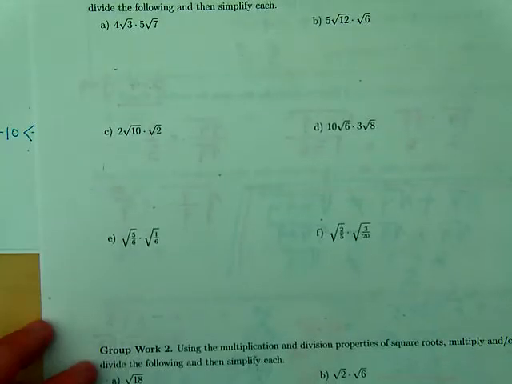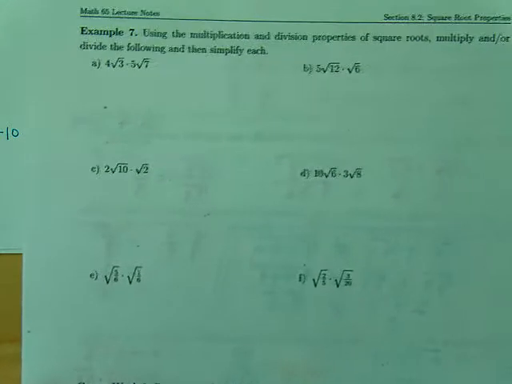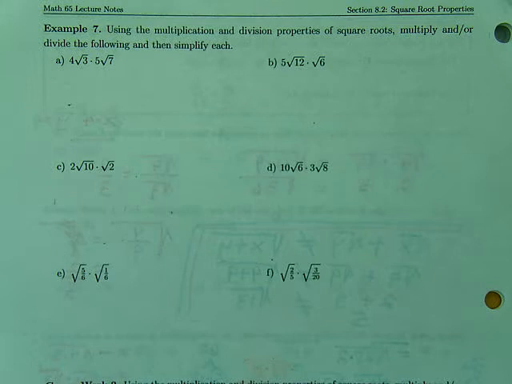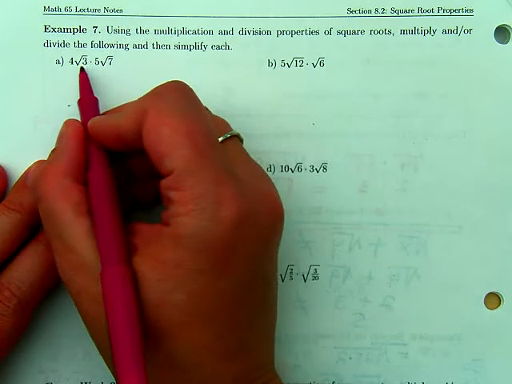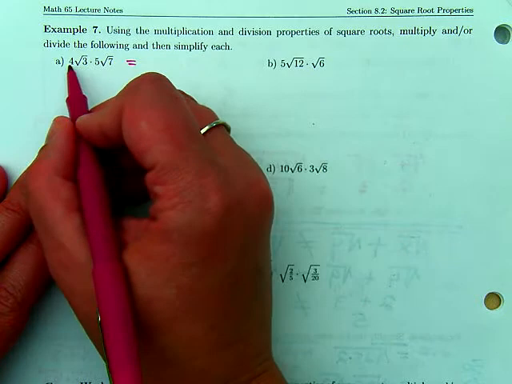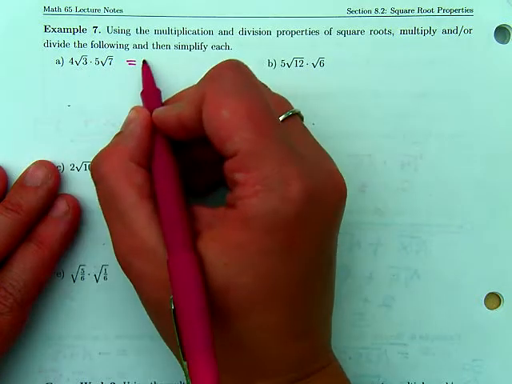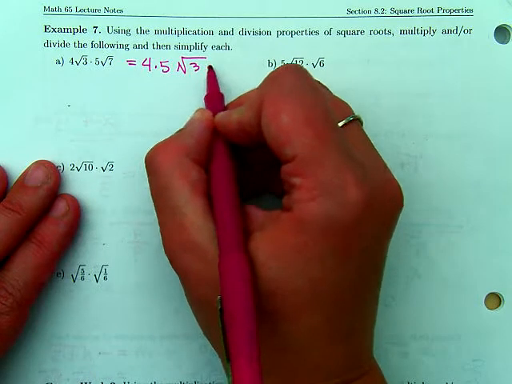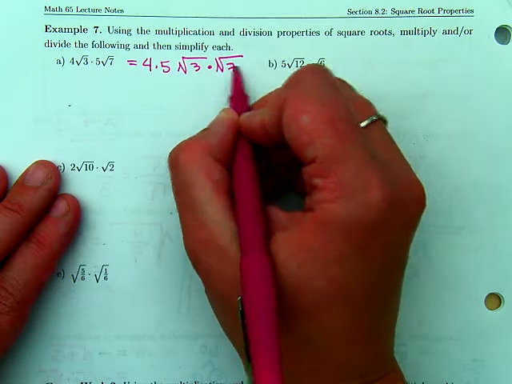So let's look at these. Use the multiplication and division properties of square roots. Multiply and or divide the following and then simplify each. So what's happening here is that we can multiply inside the radical. We're essentially going to multiply the whole numbers out front, 4 times 5, and then the square root of 3 times the square root of 7.